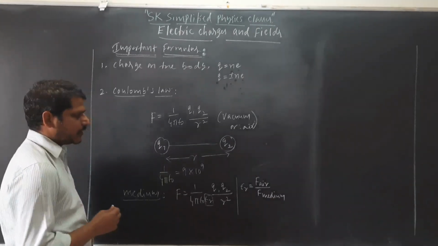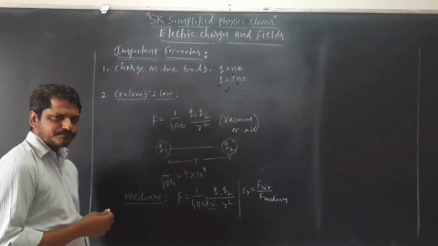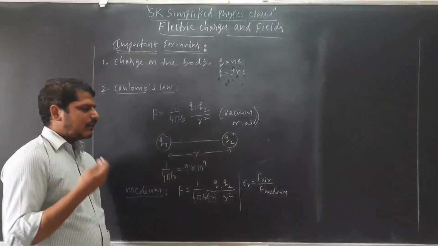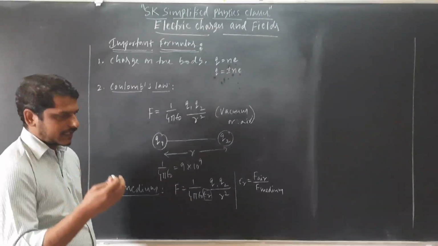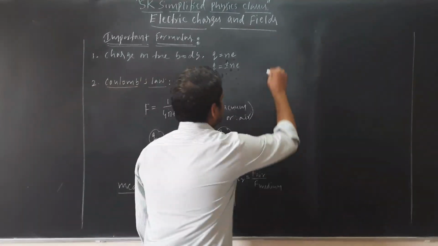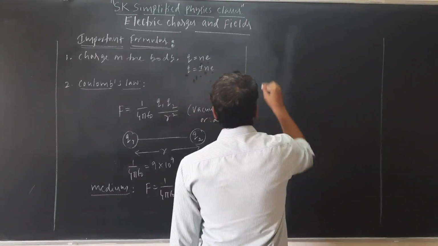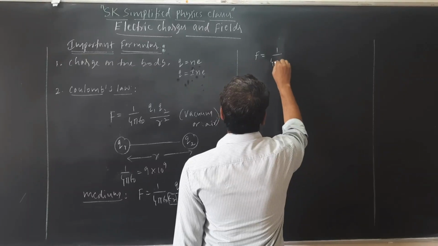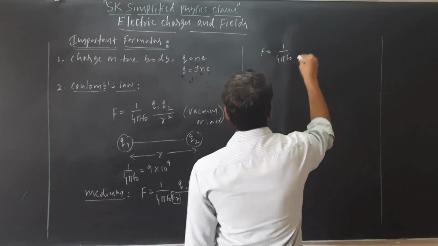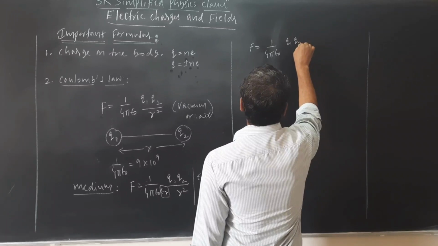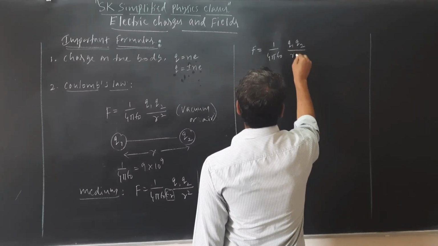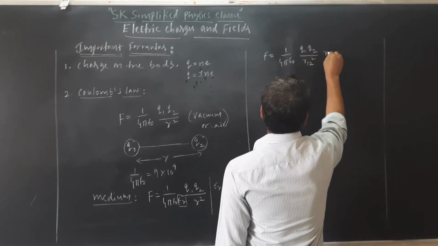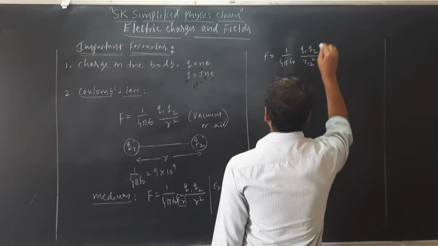Next, Coulomb's law can be written in vector form. This is very important in the theory exam, especially when it asks to write the equation for Coulomb's law in vector form. That can be represented by F equals 1 divided by 4 pi epsilon naught, Q1 Q2 divided by the distance R12 square, times the unit vector R12.